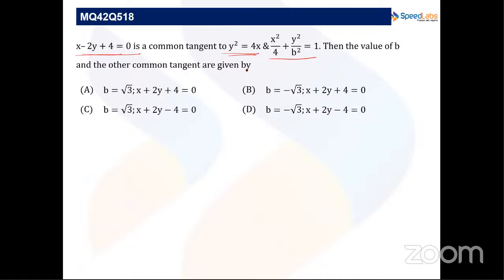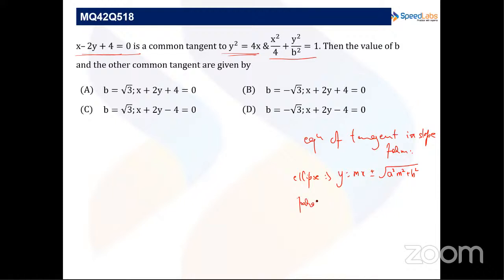So the equation of tangent in slope form for the ellipse is y equals mx plus minus under the root a square m square plus b square. For the parabola, y equals mx plus a by m.